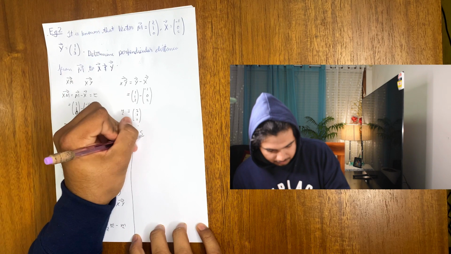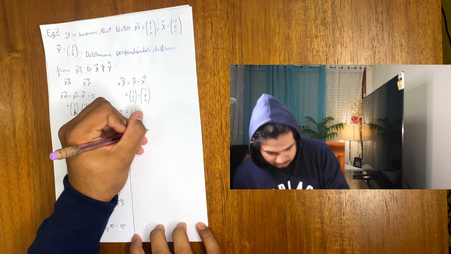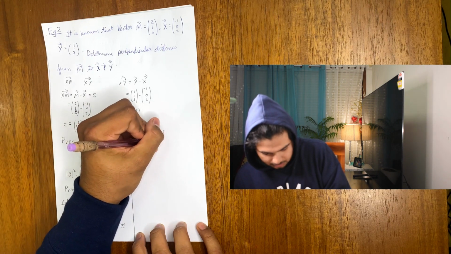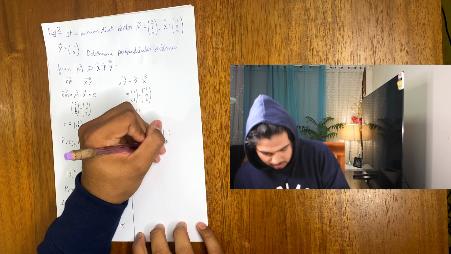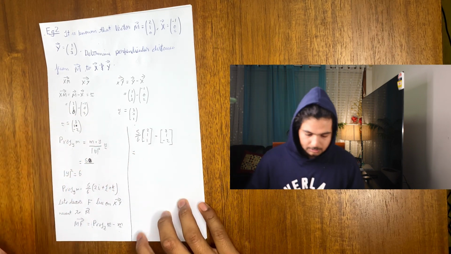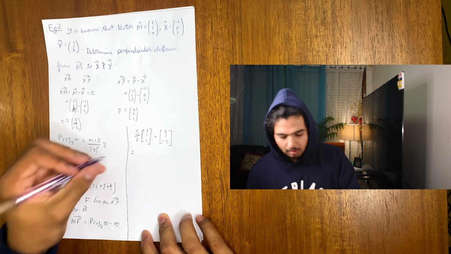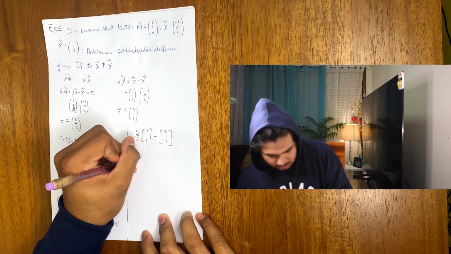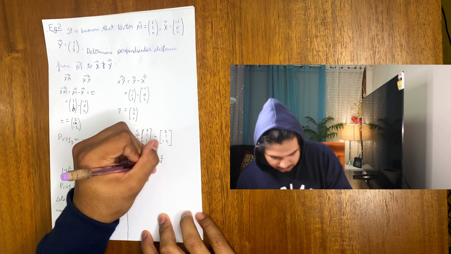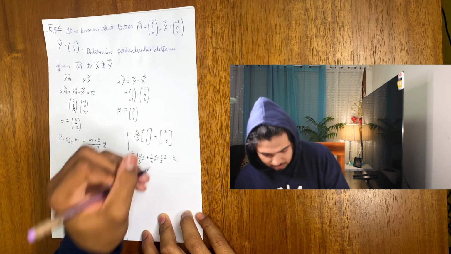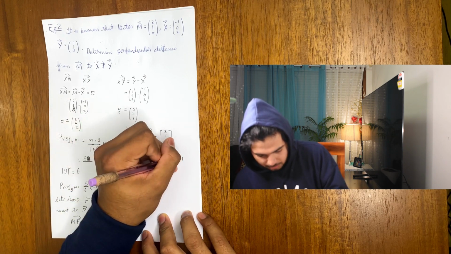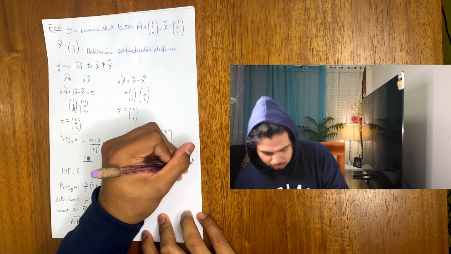So 5 upon 6, I'll write this in component form, (2, 1, 1), minus m in this case, which is (3, 1, -2). Further solving this, we get 10 upon 6 i plus 5 upon 6 j plus 5 upon 6 k, minus 3i minus j plus 2k.